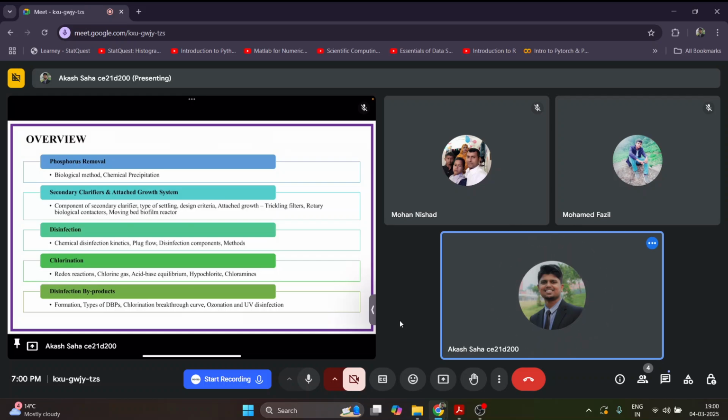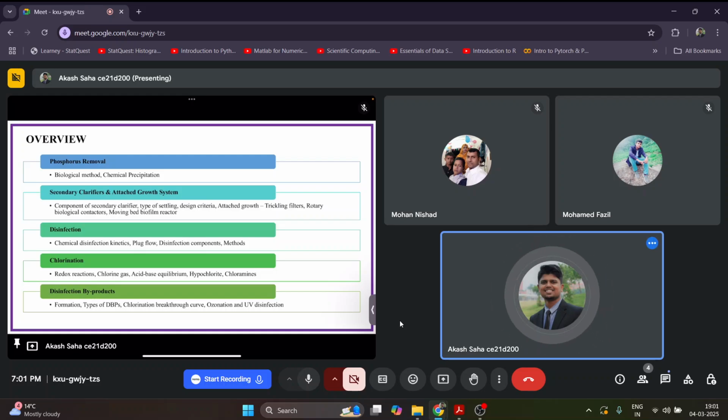We discussed each component of the secondary clarifier, the different types of settling, the design criteria, and then we started discussing the attached growth system, where we have seen different techniques like the trickling filters, the rotary biological contactors, and the moving bed biofilm reactor, or the MBBR.